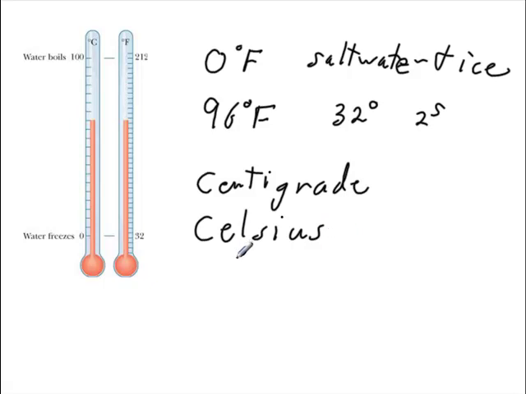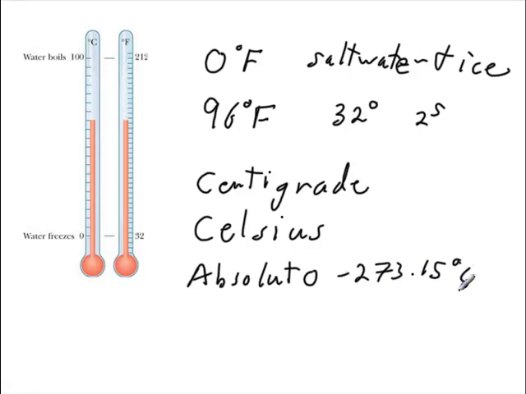We'll talk more about the exact calibration points of the Celsius scale later, but you should know that absolute 0 is said to be at negative 273.15 degrees Celsius, and the triple point of water, where water can be a solid, a liquid, and a gas all at once, is set to 0.01 degrees Celsius.